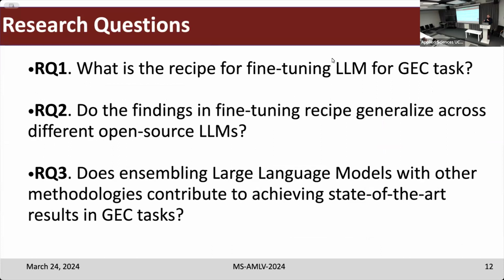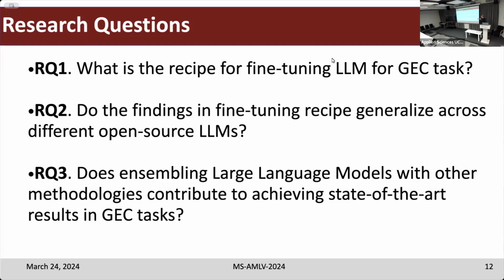That raises a lot of questions, but three of them are presented here as our research questions. The first is how we can improve the large language model in the GEC task and provide researchers a recipe of what to do and what to try.